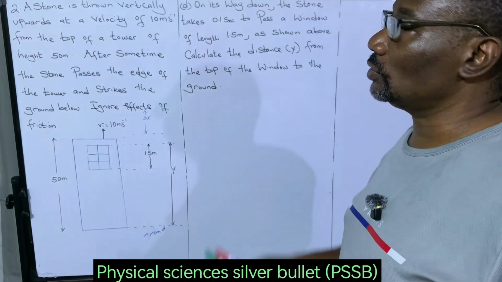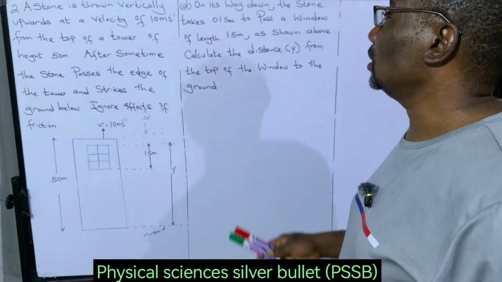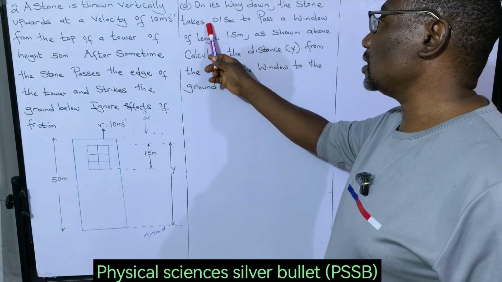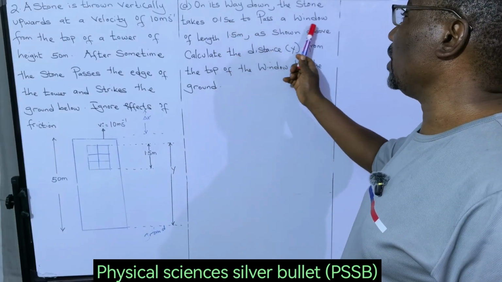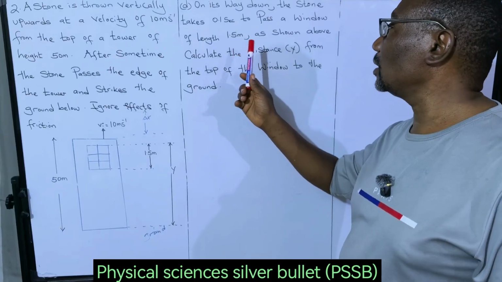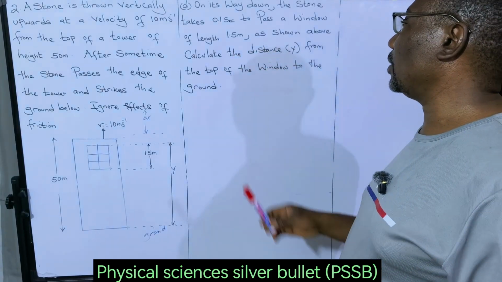Yeah, now we come to this question. It says that on its way down, the stone takes 0.1 seconds to pass a window of length 1.5 meters, as it is shown in the diagram.